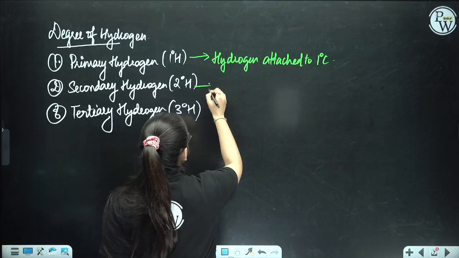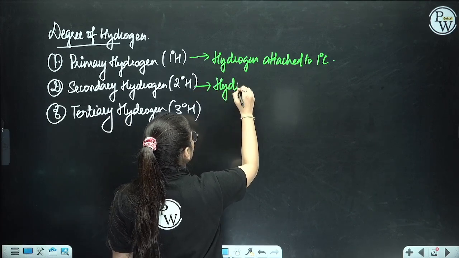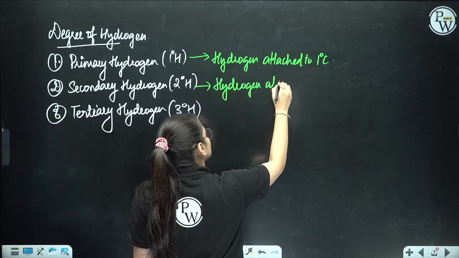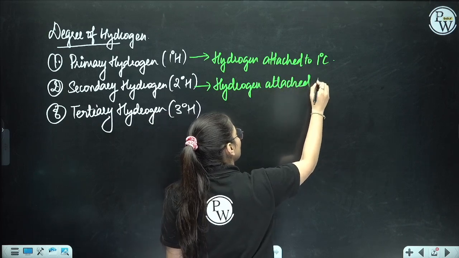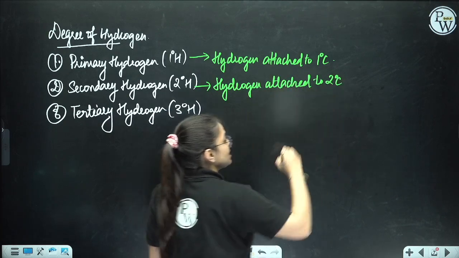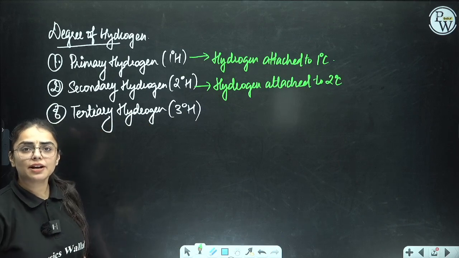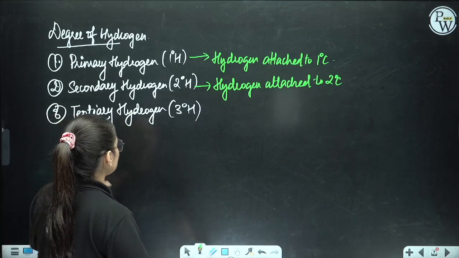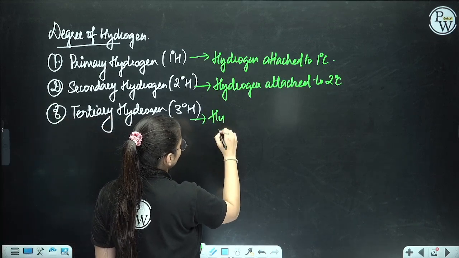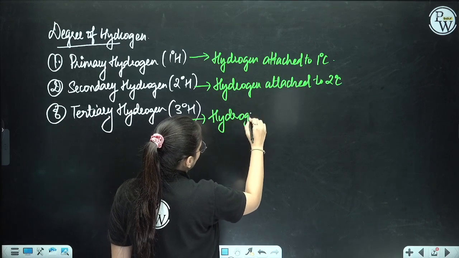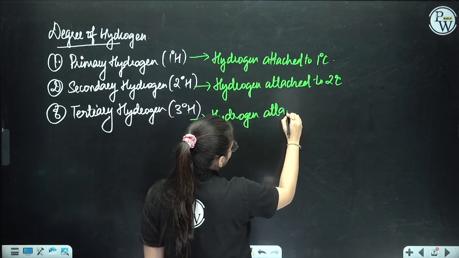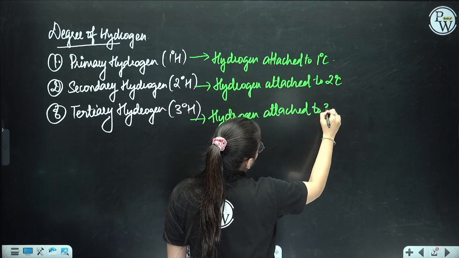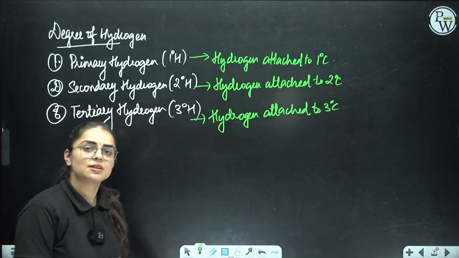Let's talk about the secondary one. Hydrogen attached to 2 degree carbon or secondary carbon is your secondary hydrogen. Simple. Okay. Now what is the tertiary hydrogen? Hydrogen attached to tertiary carbon or 3 degree carbon is tertiary hydrogen.